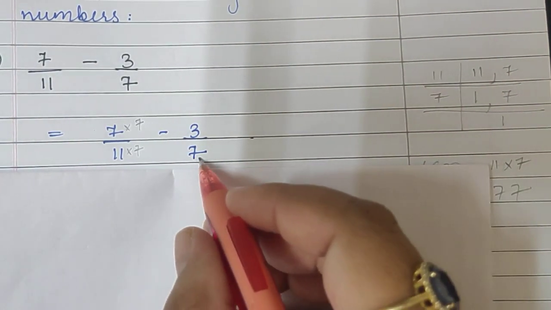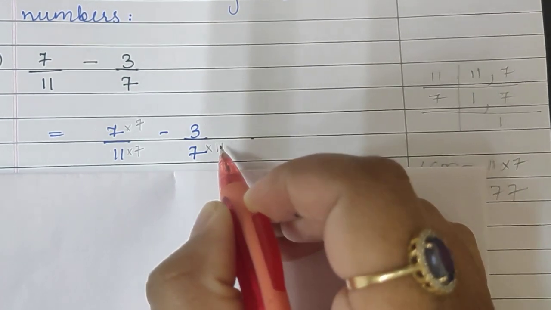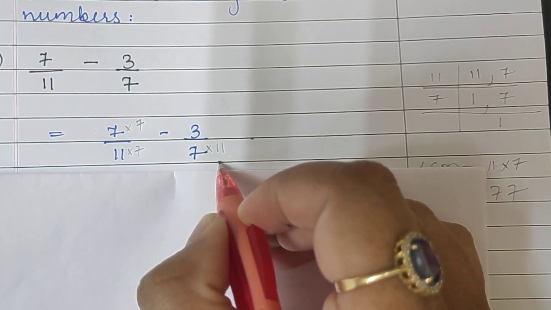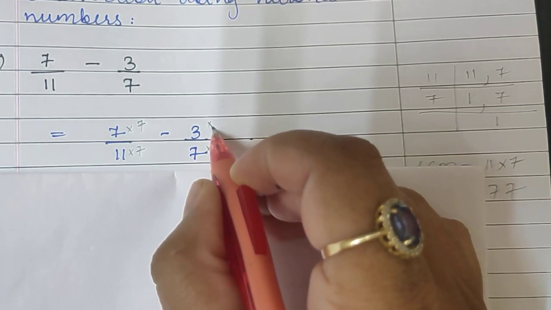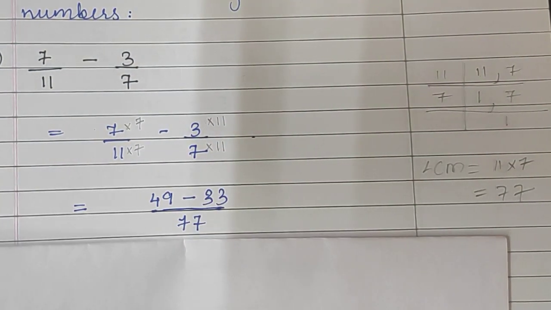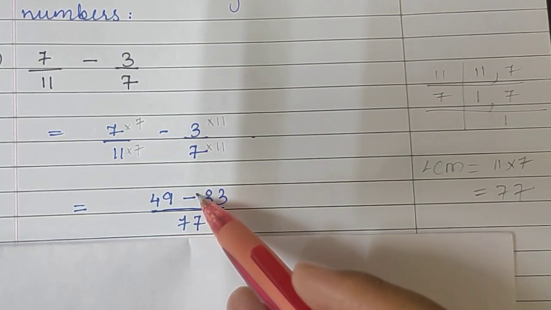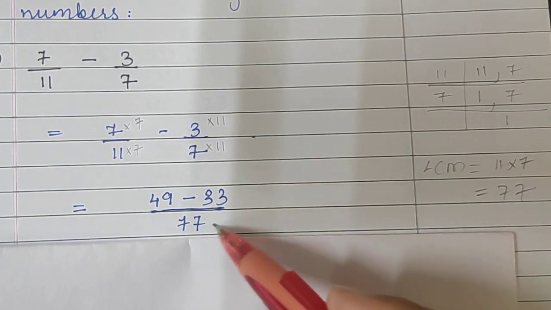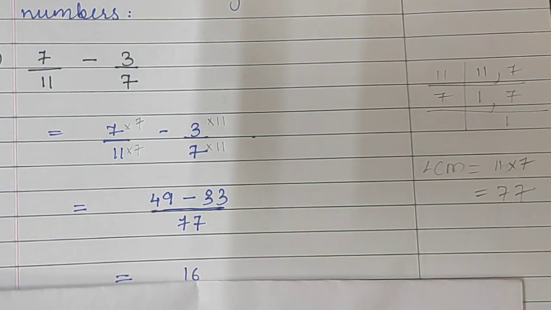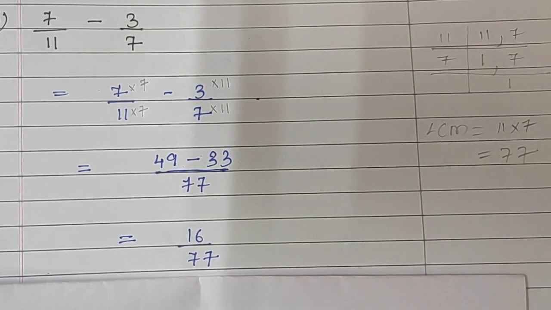To make this 77, I have to multiply this by 11. If the denominator is multiplied by 11, the numerator will also be multiplied by 11. So our answer becomes 7 sevens are 49 minus 33 upon 77. After we subtract, our answer is 16 upon 77. It is very simple.